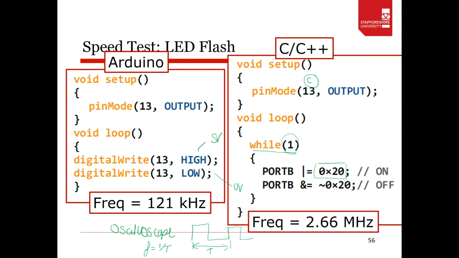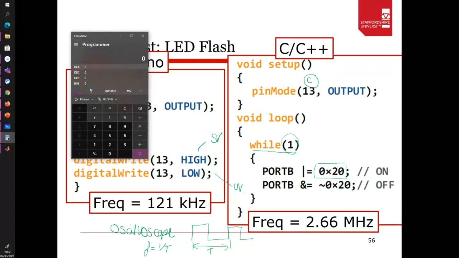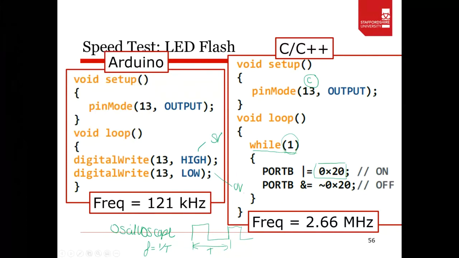So on the programmable calculator, if we are in hex and we have 20, that is binary.